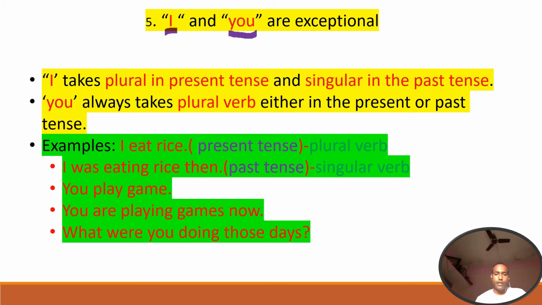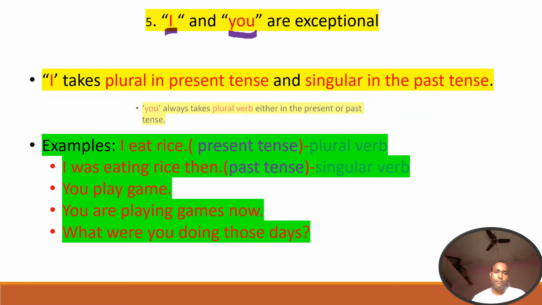But in the case of "you": "You play games." This is present tense. In present tense, plural. "You are playing games now." This is also present tense. Again, still plural. "What were you doing those days?" It is past tense. In past tense also plural. So "you" always takes a plural verb.